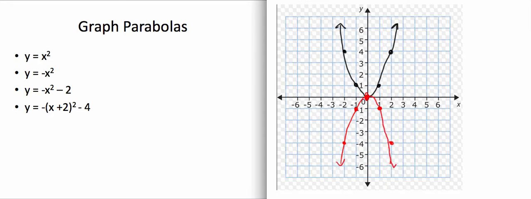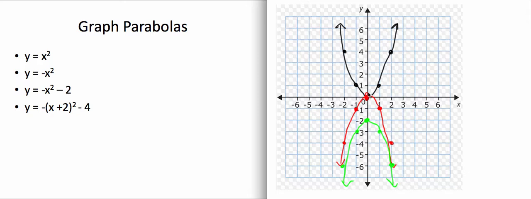The same idea applies as far as our rules go with translations. We have a negative 2 that's not inside parentheses, so that means it's going to go down 2, and because it's negative, it's upside down. Then we have the x plus 2 and then the minus 4.